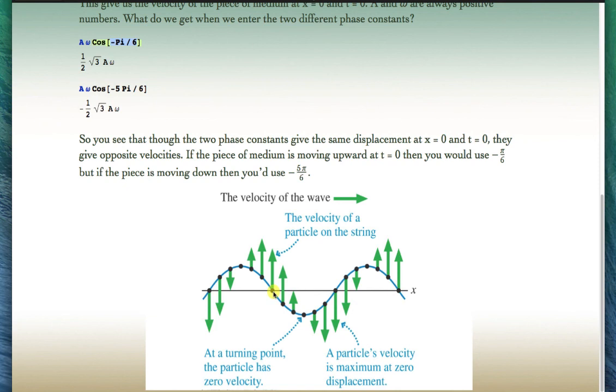So that wraps up the idea of traveling waves, but we talked specifically about sinusoidal waves. The idea is that you can have any wave shape. There can be all kinds of crazy wave shapes. And if you want to describe a traveling wave that has a shape that doesn't change, all you do is take that function for that shape and, instead of the position x, for example, you put in x minus vt or x plus vt.